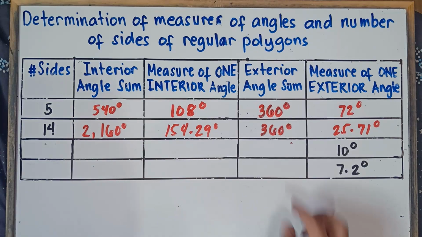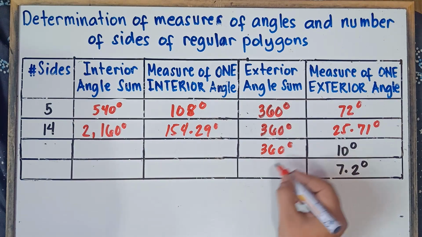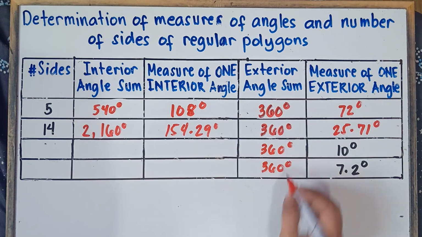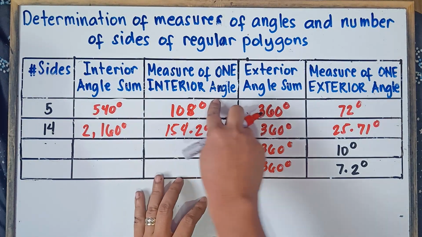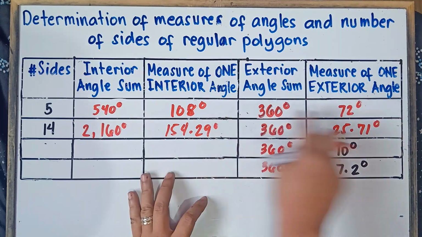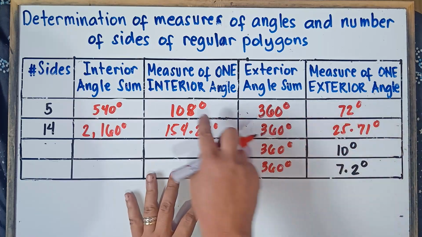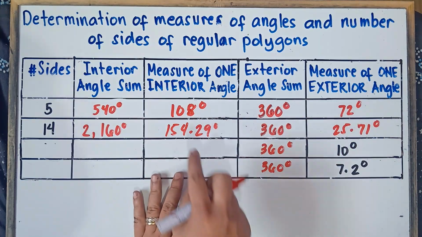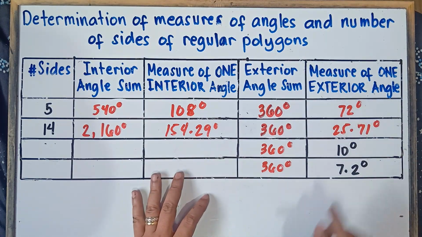Once again, automatically, the sum of exterior angles would be 360 degrees. Once again, class, the measure of one interior angle plus the measure of one exterior angle should be equal to 180 degrees. Check this one out, class. 72 plus 108 would be 180. 154.29 plus 25.71 would be 180.